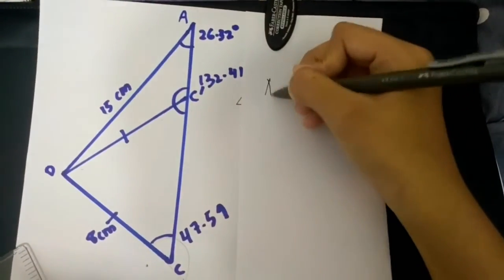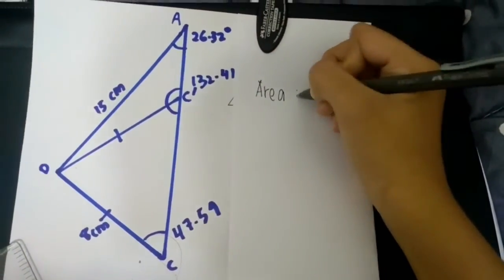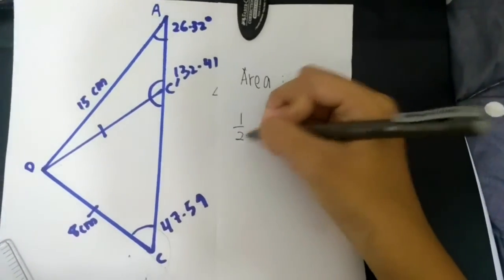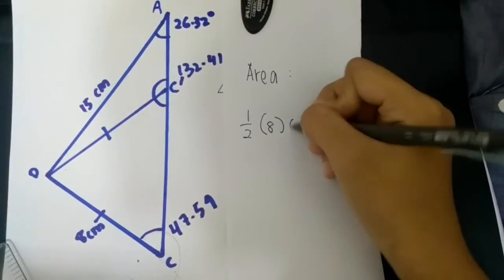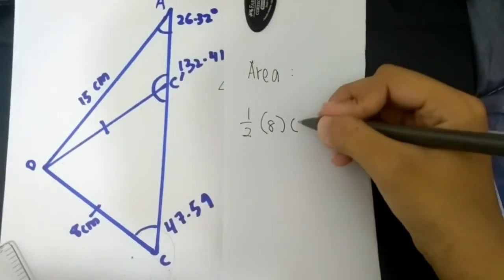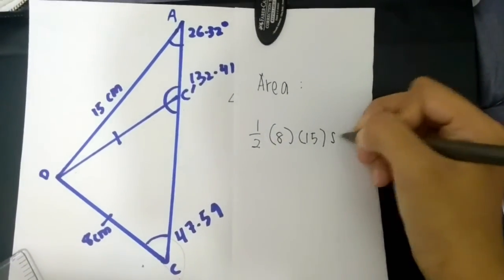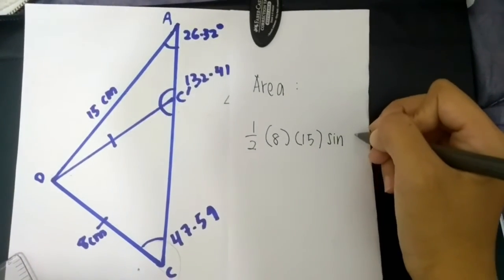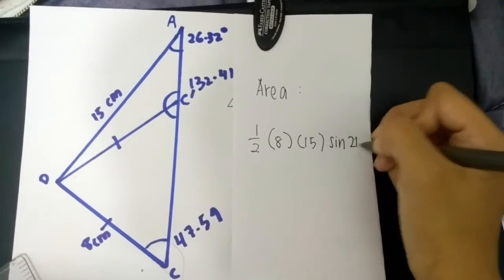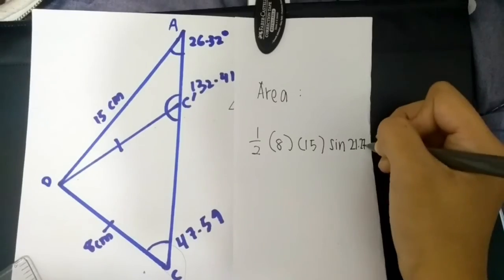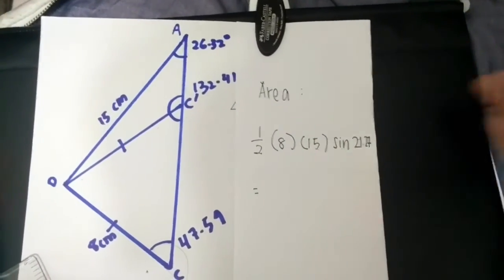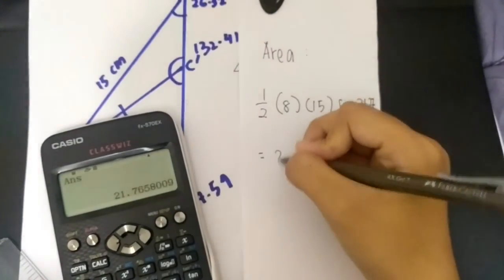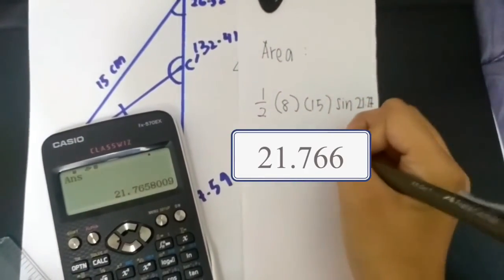Now, we can easily calculate the area of triangle ADC prime by using the formula 1 over 2 times 8 times 15 sin 21.27 equals 21.766.